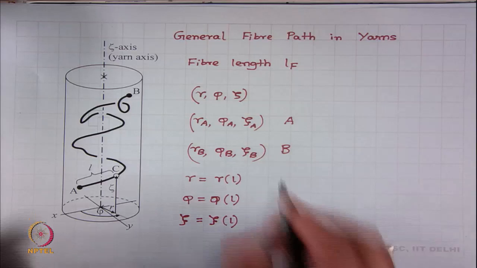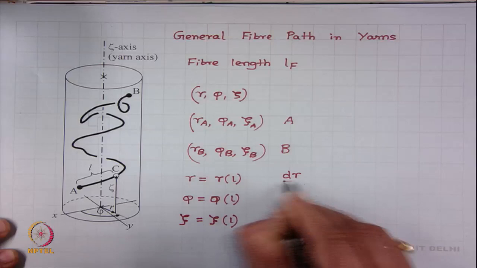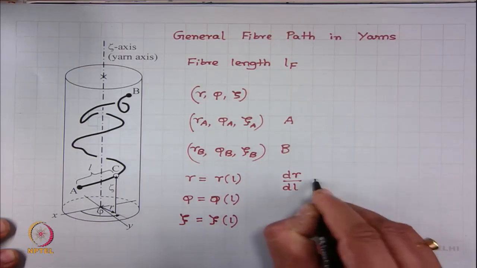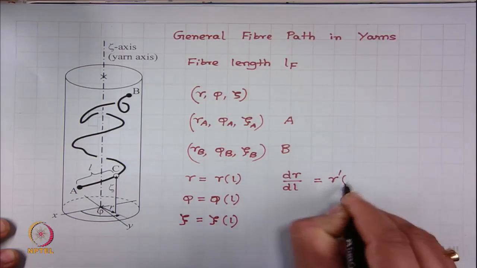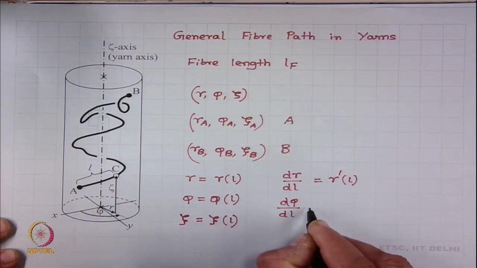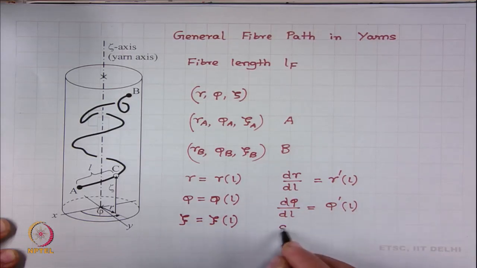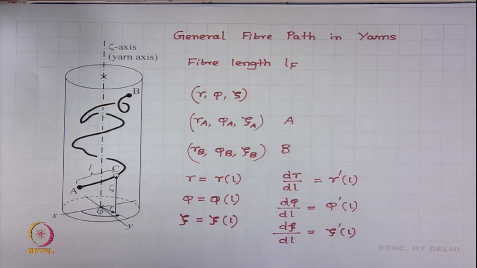Now, if we differentiate dr with respect to L, we obtain the first derivative. Similarly, d phi by dL we obtain the first derivative, and d zeta by dL we obtain the first derivative.